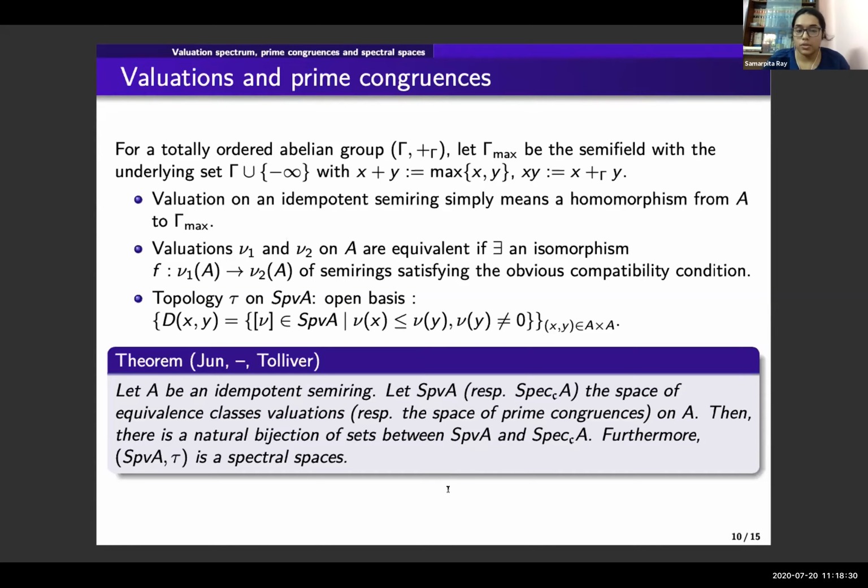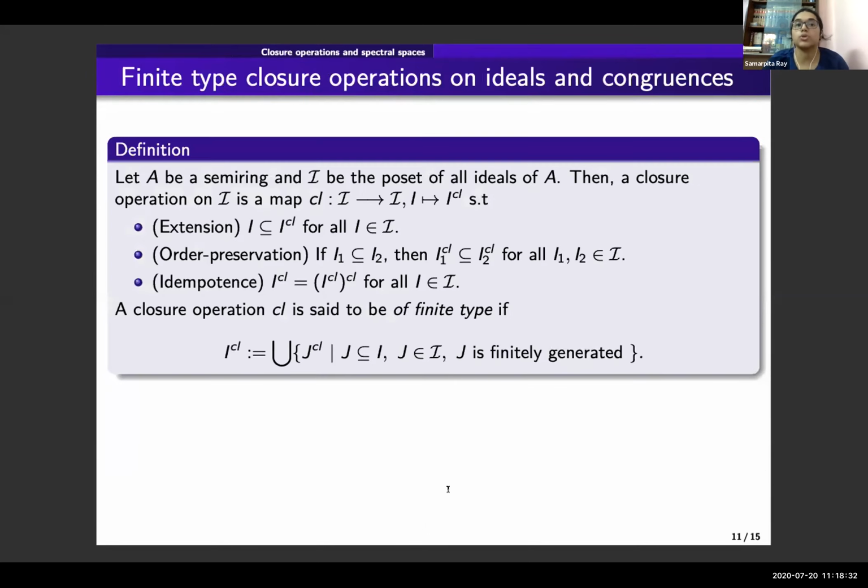Okay, so next we move on to closure operations. The closure operations which we introduce in this work have a definition pretty much similar to the closure operations we define in case of ideals over a ring: extension, order preservation, and idempotence. And you can talk about finite type closure operations just as in the classical setup.